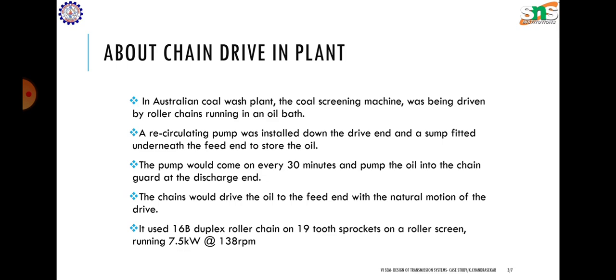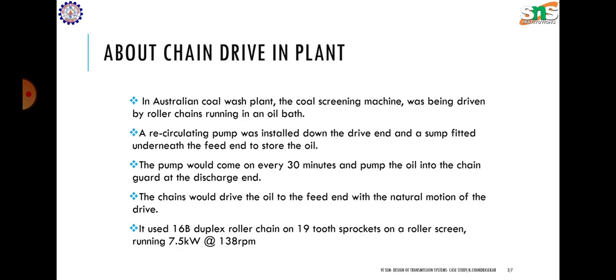The pump would come on every 30 minutes and pump the oil into the chain guard at the discharge end. I already told these things. And the chain would drive the oil to the feed end with the natural motion of the drive. So by means of natural motion, the oil is transferred from one end to the other.